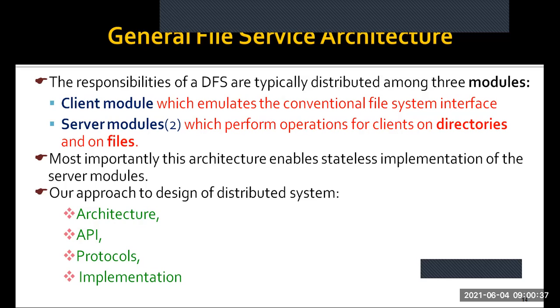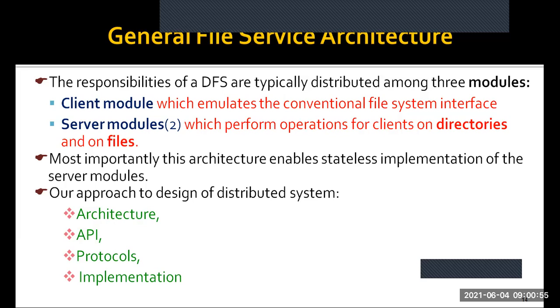So that is the purpose of the two server modules. The client module emulates the file accessing interface to access the data from the server modules, whereas the server modules implement the operations requested by the client, both on the directories and also the files.